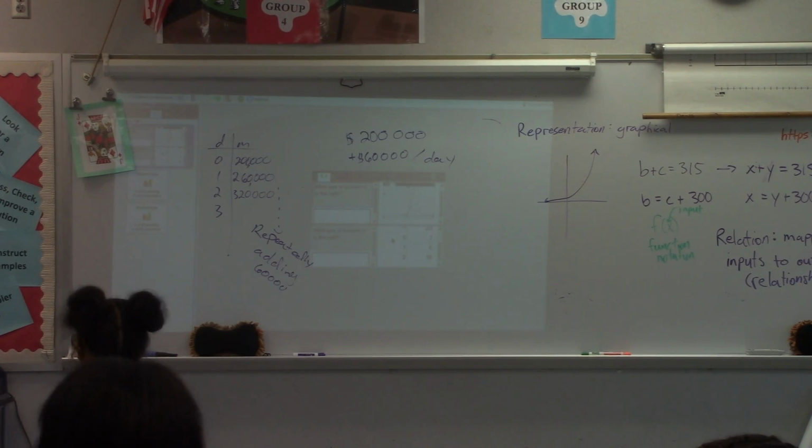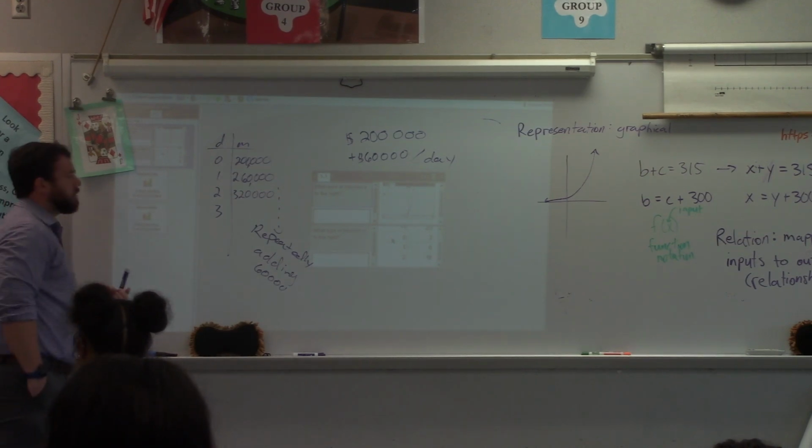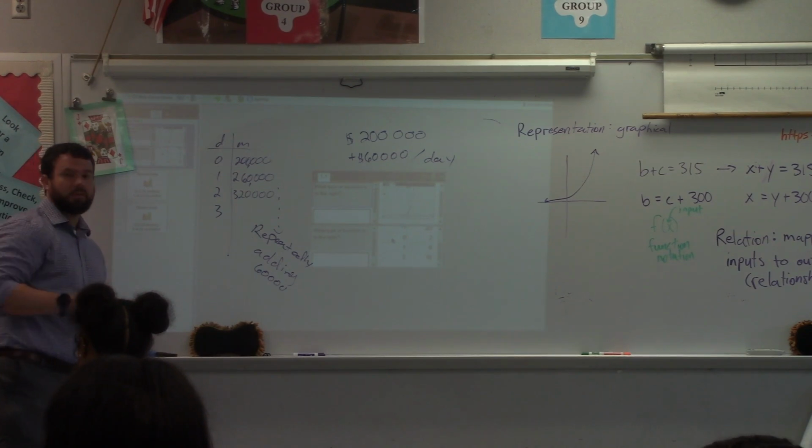So, repeatedly adding 60,000, what did that look like as an equation or as a graph? Should have had this in our notes, yeah?